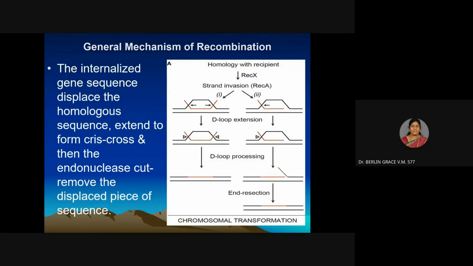Here, one model is shown where the incoming gene DNA fragment can invade the existing chromosomal DNA like this, and it will form a crisscross structure, and that joint will then be cleaved by the endonuclease enzyme, and the exchange happens like this. And the D loop or displacement loop method is followed to complete the replication and close it to form the exchange.